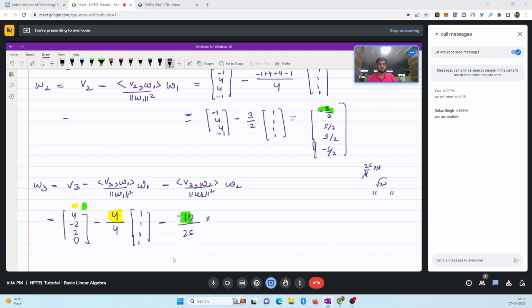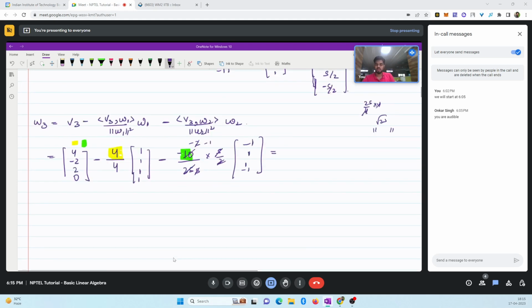And this is 5 by 2 times minus 1, 1, 1, minus 1. So what do you obtain? You can further cancel it out. So this is 5, and you can cancel it out as minus 2, and this becomes minus 1, right? So just write it out neatly.